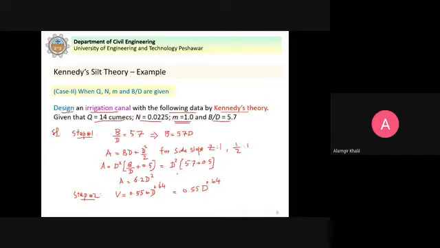Now we have Q is equal to AV. So A is equal to 6.2 D square, and velocity is equal to 0.55.